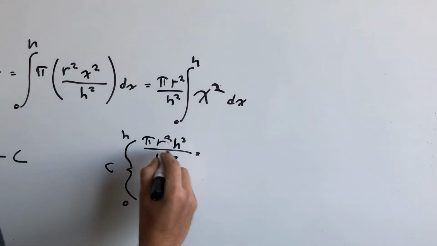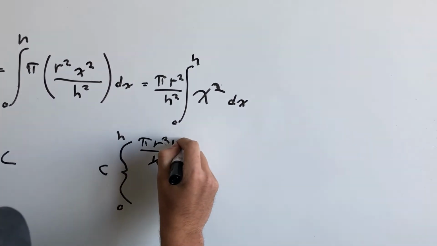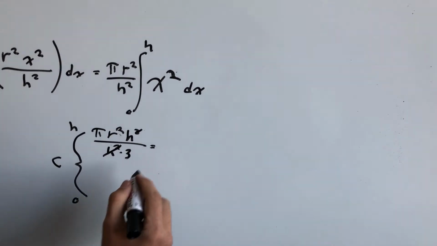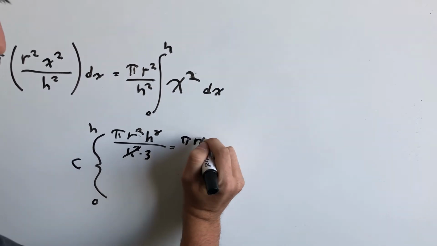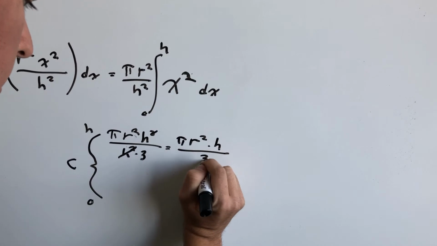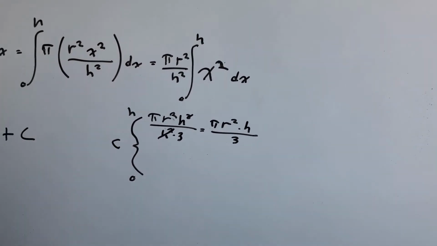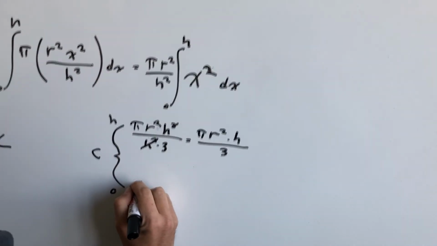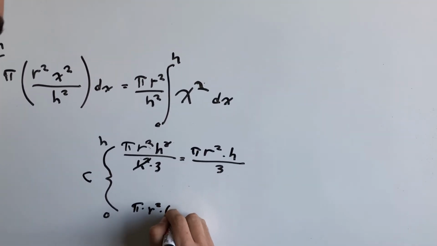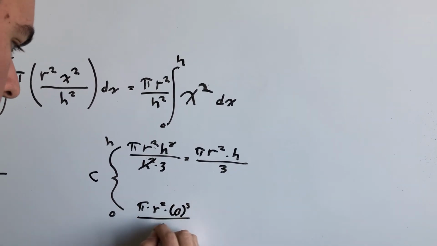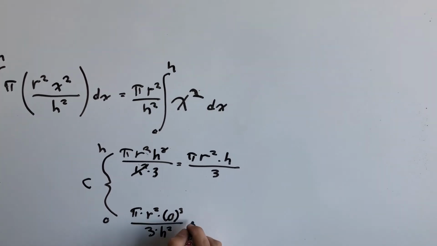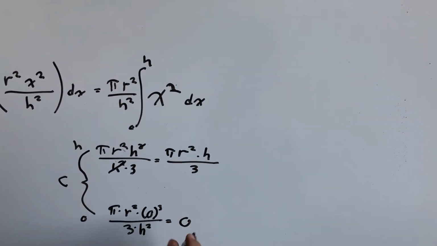We can cancel out the h's like this, we get just one h on top, and that is equal to pi times radius squared times h over 3. Now, if we substitute the 0 here, we get pi times radius squared times 0 to the third power over 3 times h squared, which is equal to 0.